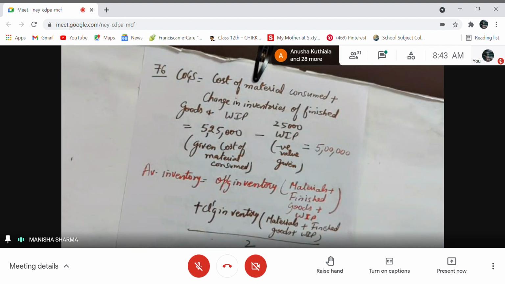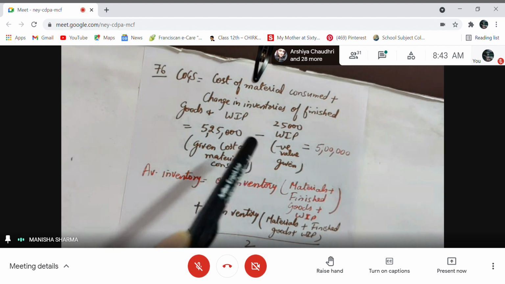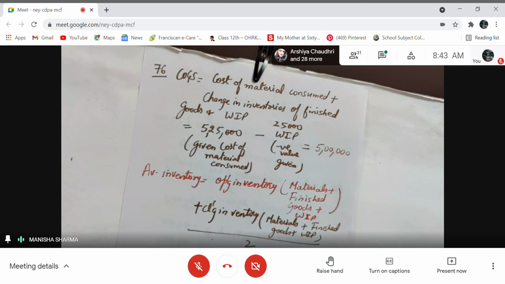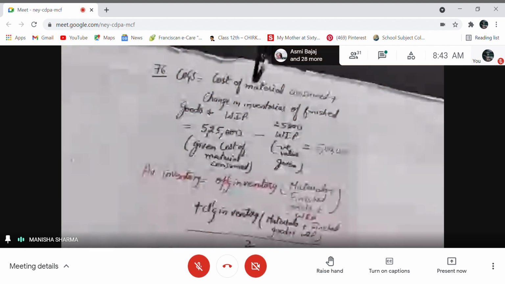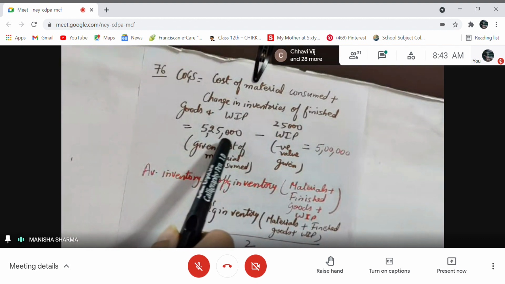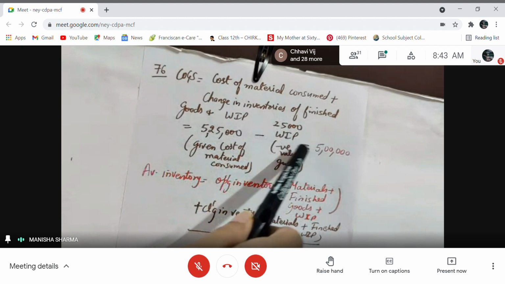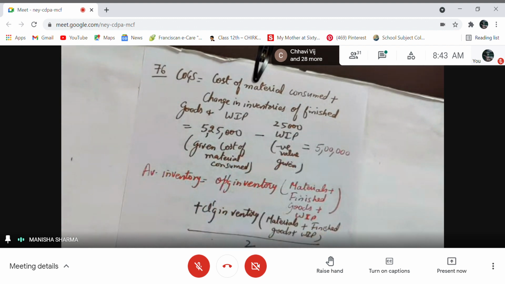Change in inventory of finished goods and work in progress is given together. It is given both of finished goods and work in progress. A negative value is given, in brackets minus 25,000. So I will subtract 5,25,000 minus 25,000. So COGS is coming out to be 5 lakhs.